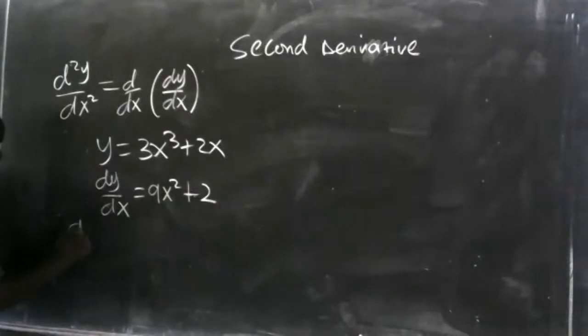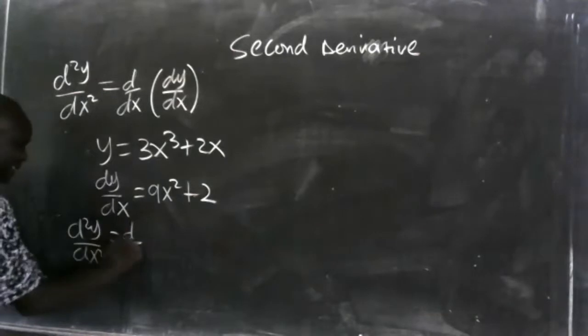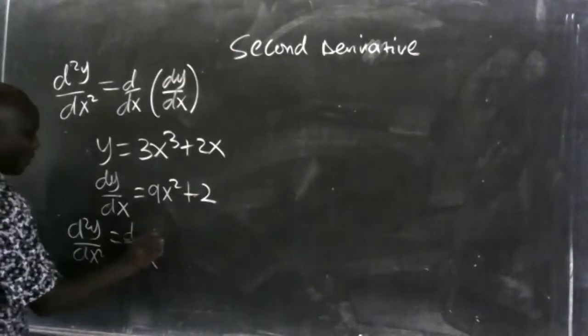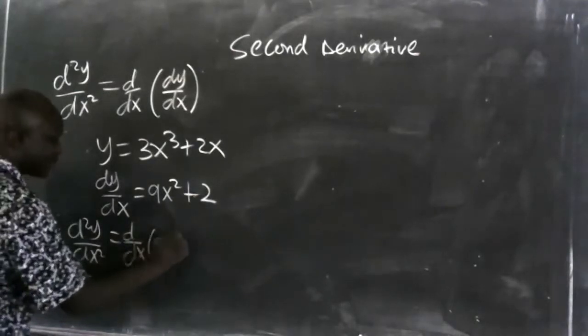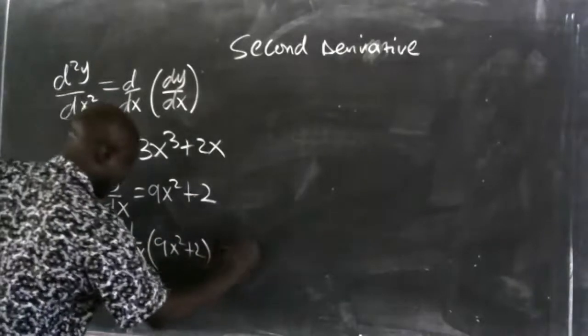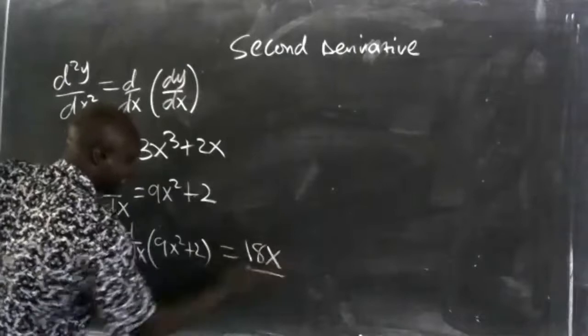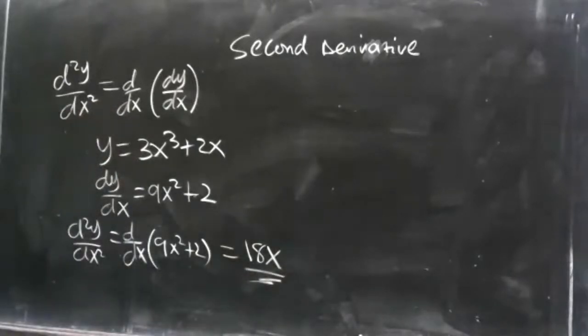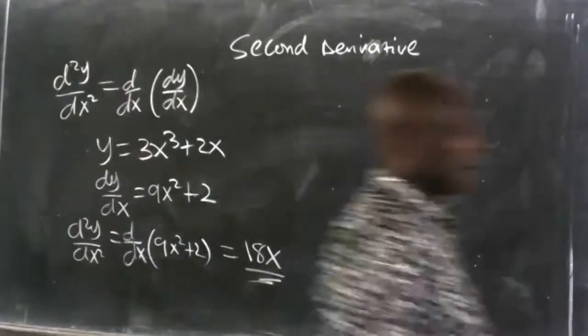So my d squared y over dx squared will be d dx of 9x squared plus 2, which will now give me 18x. You are differentiating what you have already differentiated with respect to the same variable. Is this okay?